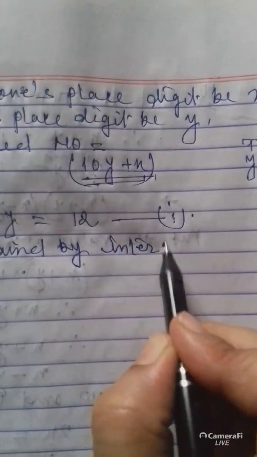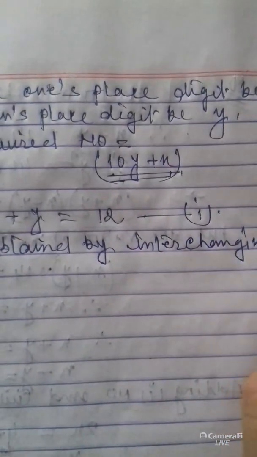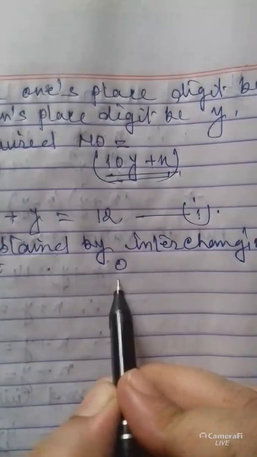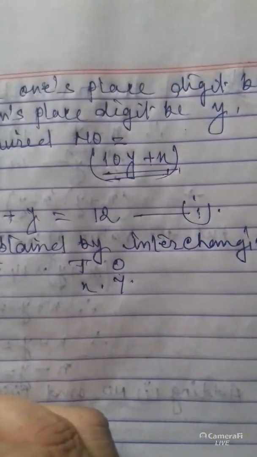Interchanging the digits means ones place y and tens place x.